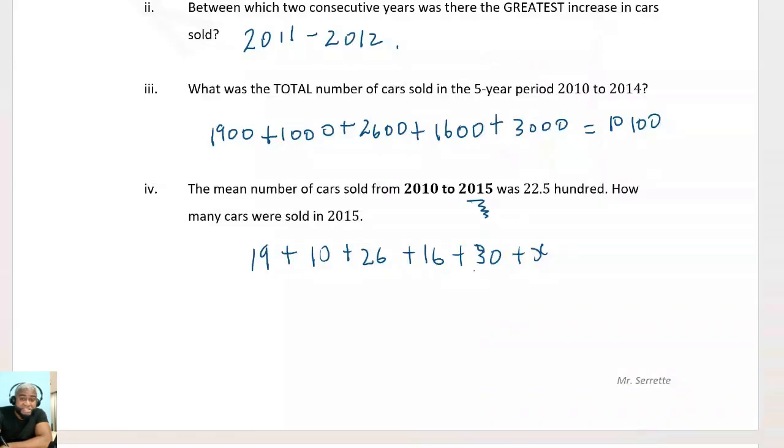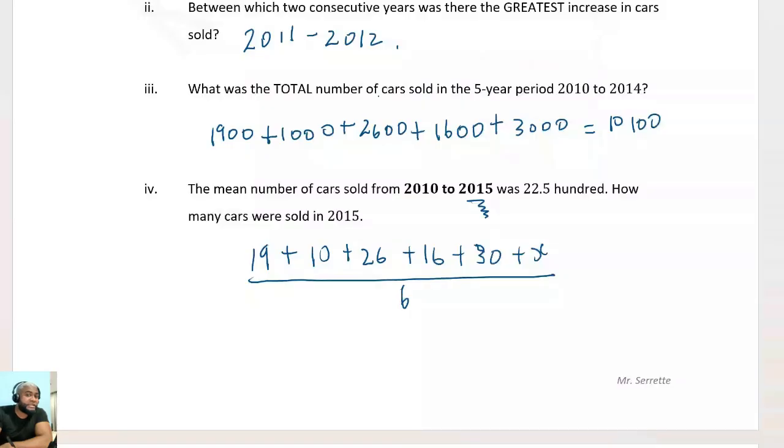There's an additional year, divided by how many years do we have in all, guys? 5 years. 1, 2, 3, 4, 5. It's up to 2015, an additional year. It'll be 6 years.